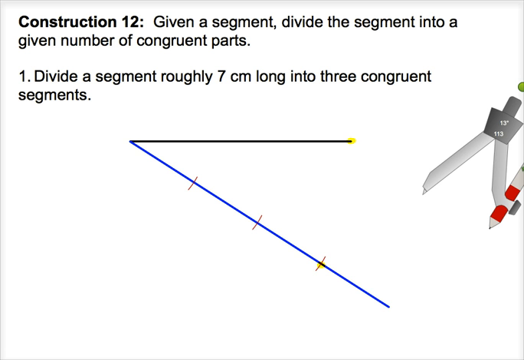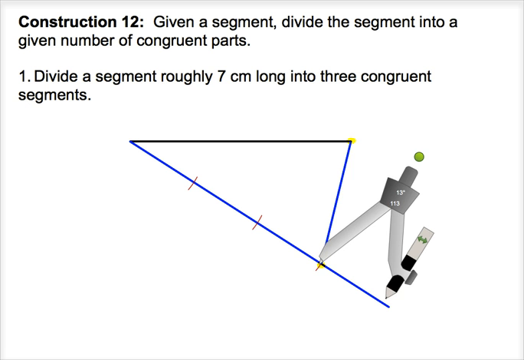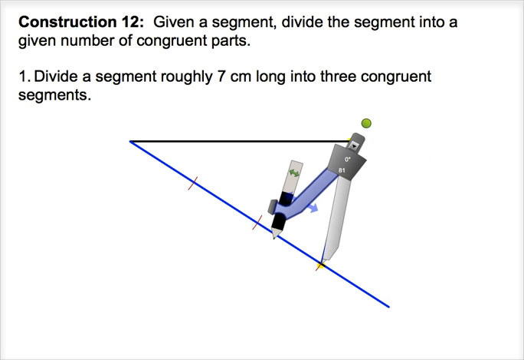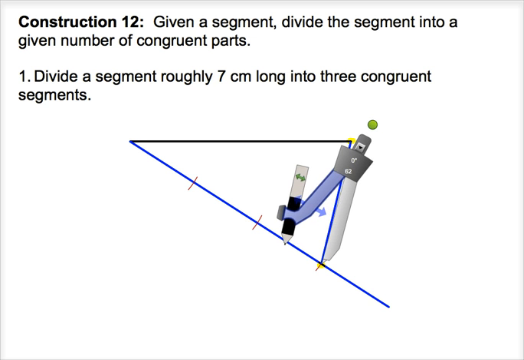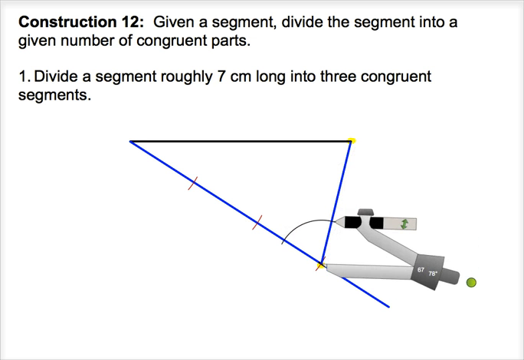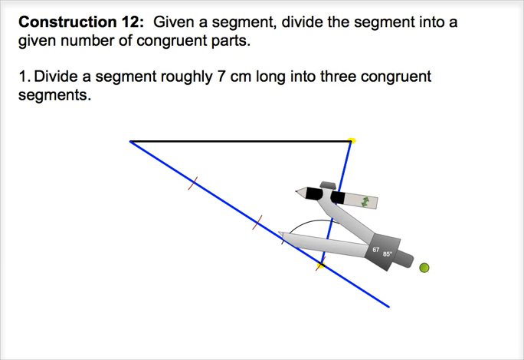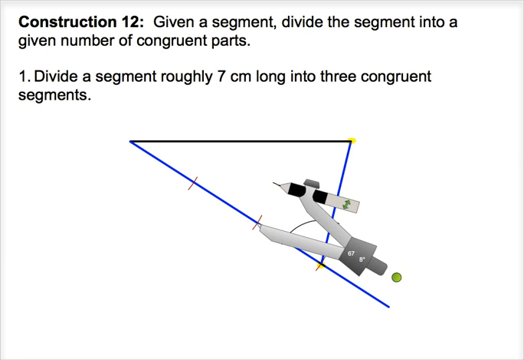So to get the corresponding angles, I need to copy. For copying, I put the point of my compass at the vertex. I'm going to open up my compass and swing an arc. Now I want to copy this angle in 2 other places.